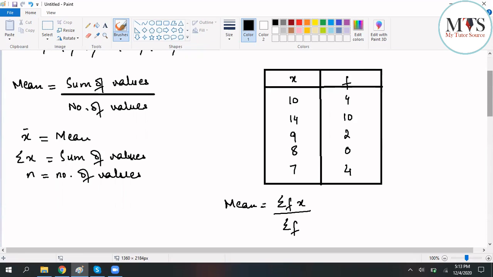Do you get it? Hold on. So frequency times that, and then it'll be like 40, and then 140.